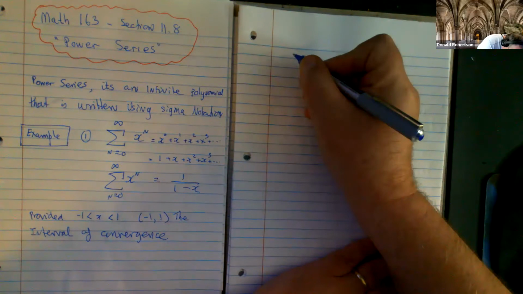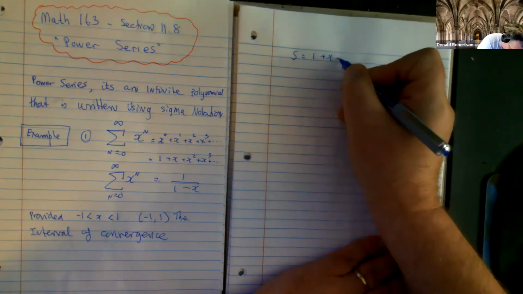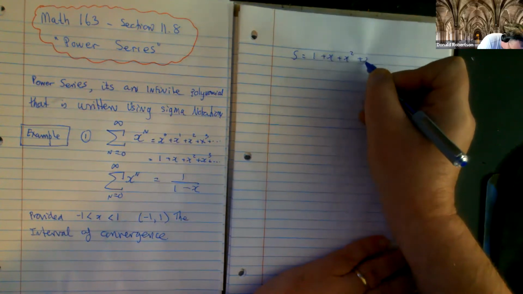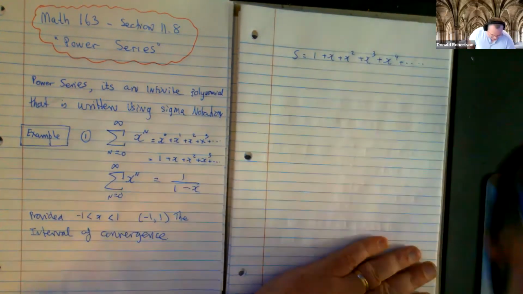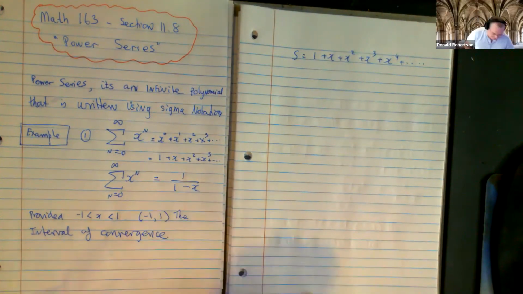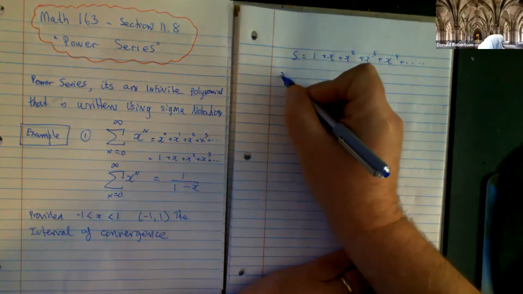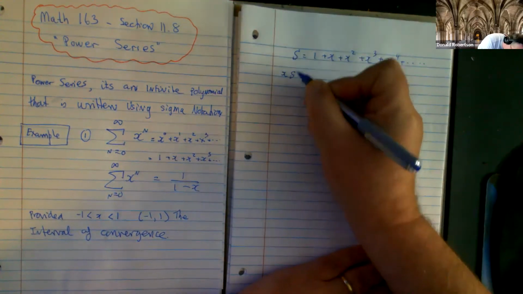So let me call this guy S. And I'm going to show you that S is equal to this fellow. So I'm going to take this and multiply it by x.